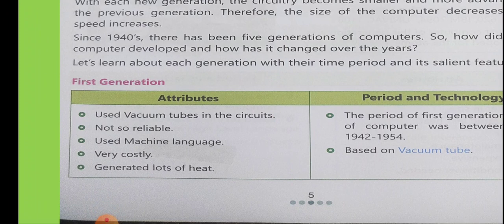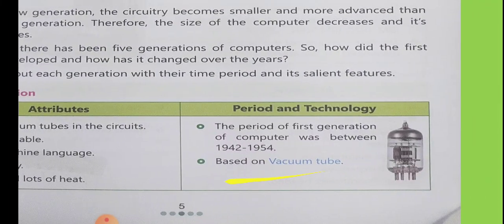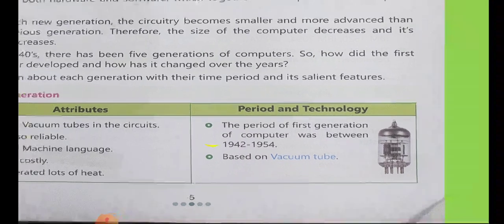We used vacuum tubes in the circuits. Here is the picture of the vacuum tube, and the computers of this generation are not reliable, and the language they used is machine language.